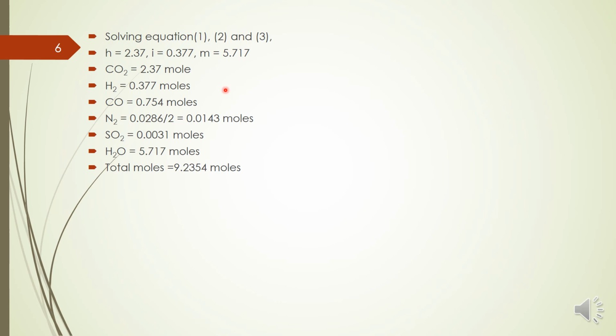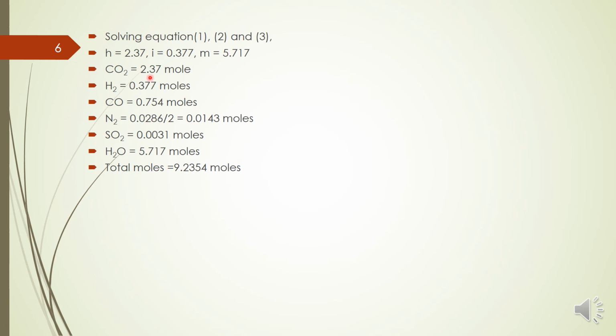While calculating the syngas volume percentage, we do not have to take the mole of ash, because that is in solid state and will be at the bottom of the gasifier, not carried by the syngas. So you have to add the total moles of all the gases present in syngas. Adding all these, we get 9.235 moles, that is the total mole of syngas.